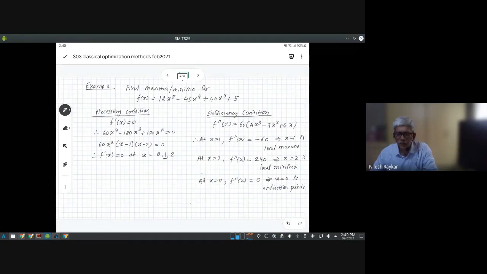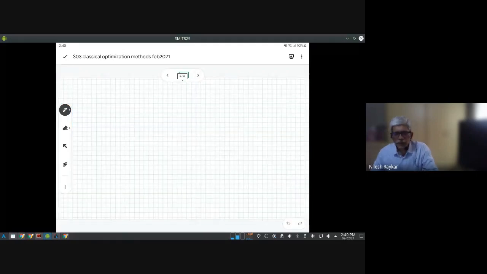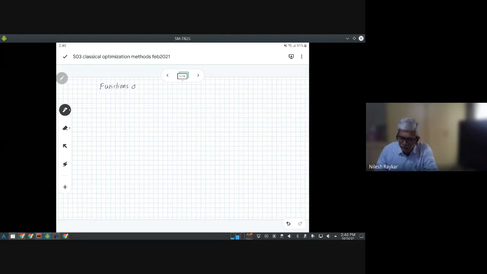I'm sure you must have done that in vector calculus, but here we are looking at it in a different fashion. So now we are talking about functions of multiple variables.